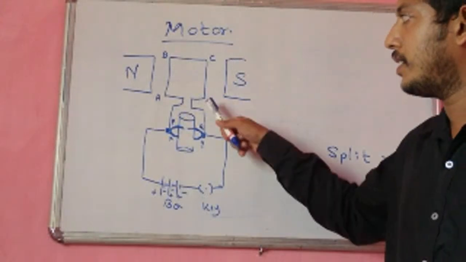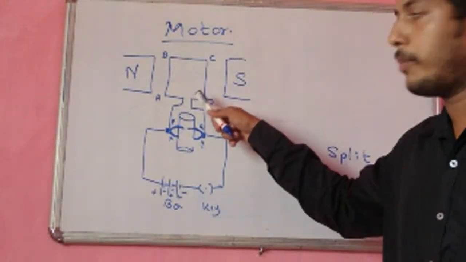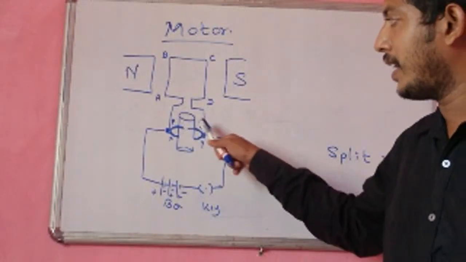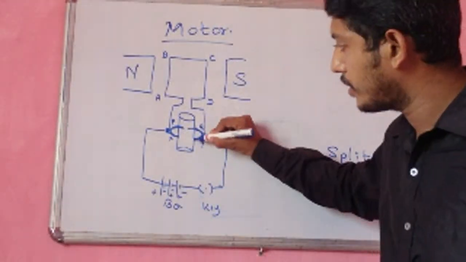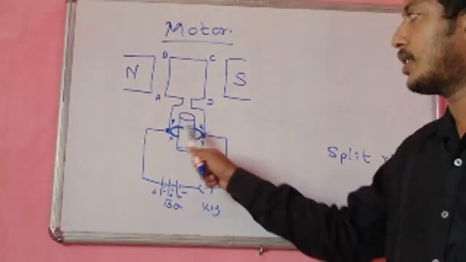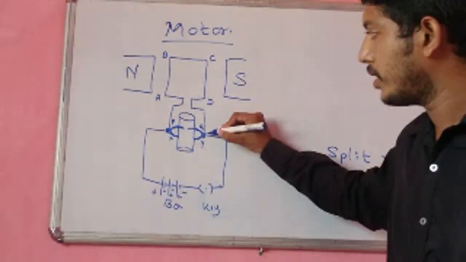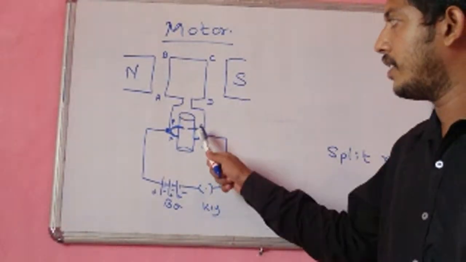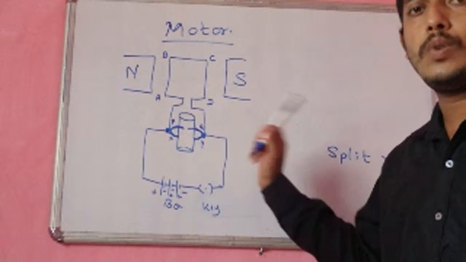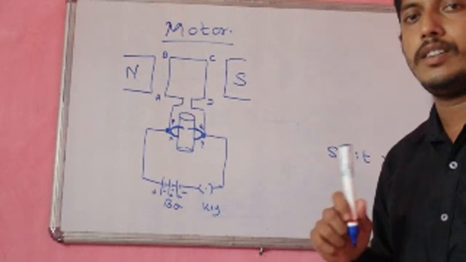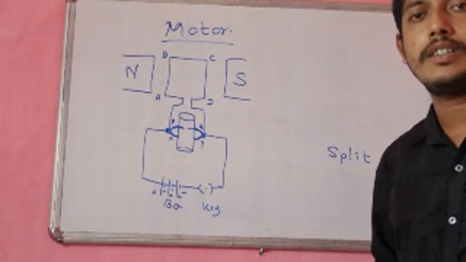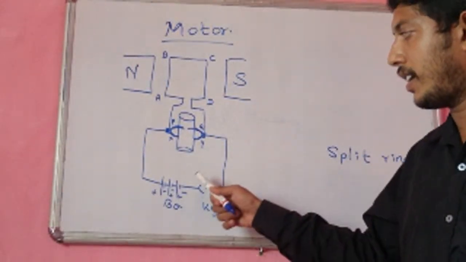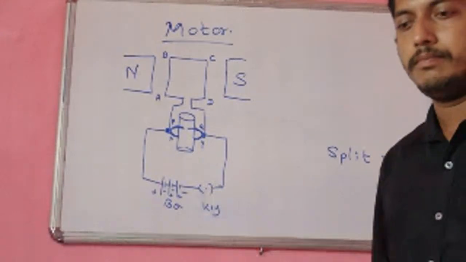The ends of the armature are connected to the brushes and split rings. P and Q are the split rings, and X and Y are the brushes. The brushes are fixed, and the inner side of the split rings is insulated. These brushes are connected to the battery and plug.